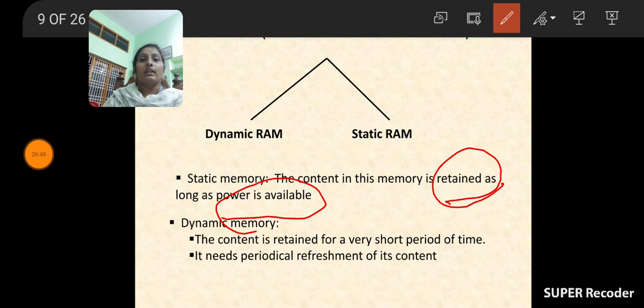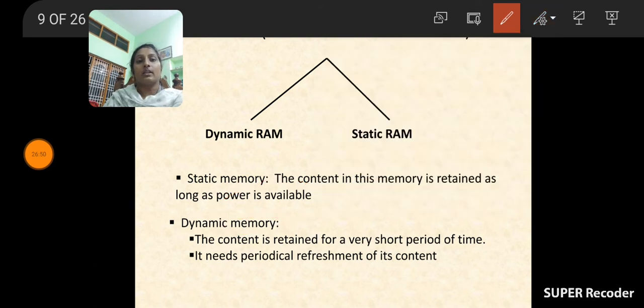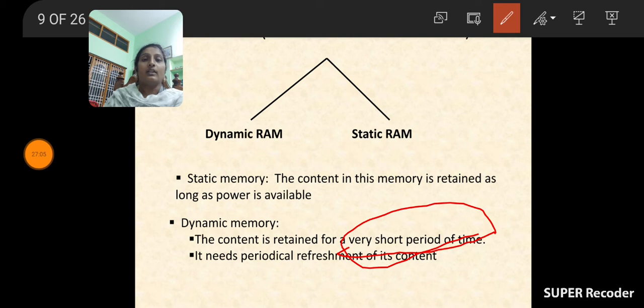And while coming to the dynamic memory, the content is retained for a very short period of time. Only for a very short period of time is the content stored or retained. If the power is switched off or withdrawn, the data will be lost. Until and unless the power is in the circuit, the data will be stored.